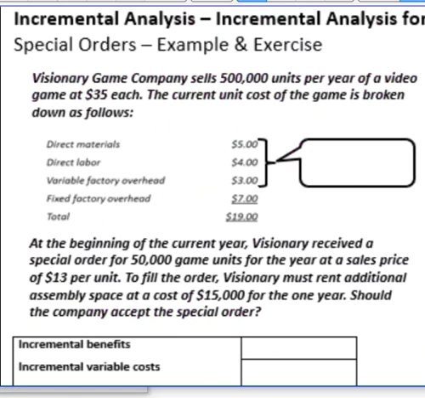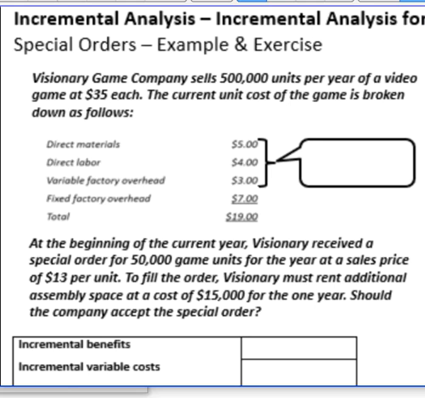Now let's take a look at another type of special order problem. This is a company that again needs to understand whether they should accept a special order. Visionary Game Company sells 500,000 game units per year of a video game, and they sell these game units at $35 each.